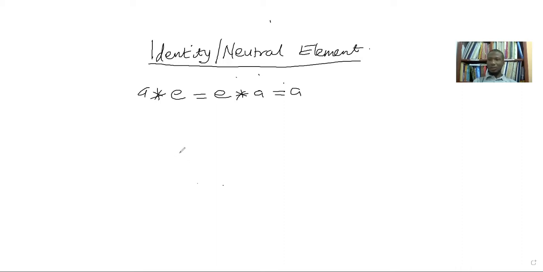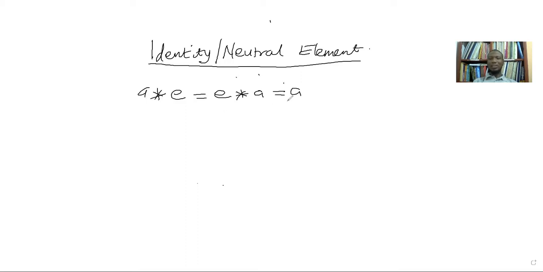That hypothesis is that for any operation, not only star, it can be delta or any other operation, when we combine an element with the identity element, or we change the positions, that means it should be commutative.